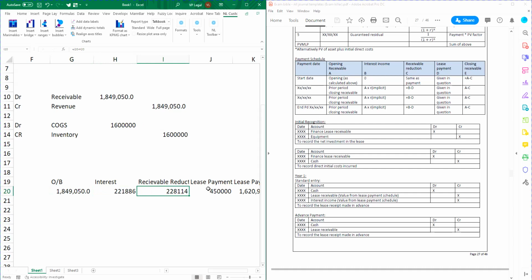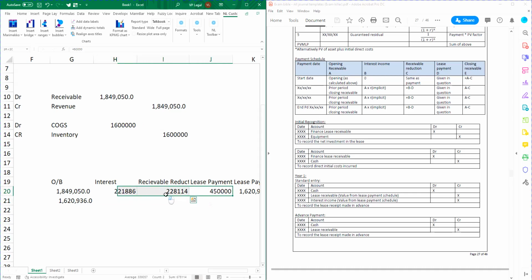So even though you're paying 450k, it's not all going to reduce the loan. Some of it's paying off interest, some of it's paying off the balance. So really, the balance is only reduced by this portion, which is the actual principal reduction. And then you just repeat it. For year 2 it'll be different and so forth. But for this question, we only need year 1. So we only need these two.